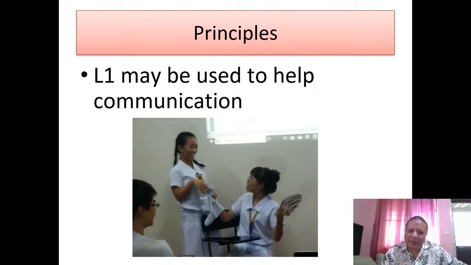So when that happens, the use of the first language is very, very useful. So the first language may be used to help communication by bridging communication gaps, which is particularly useful when the second language speaker that you're talking to is also familiar with your first language.